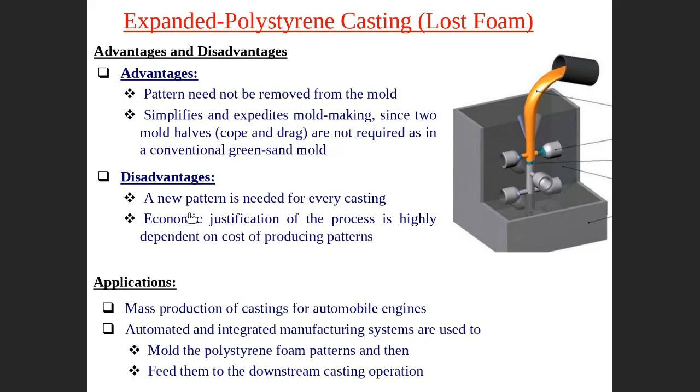As for the disadvantages, a new pattern is needed for every cast, and also economic justification is difficult for low production. This is usually for higher production. It's a very good improvement on sand casting. Applications are very wide and intensively used in industry, such as mass production of castings, automobile engines, and automated and integrated manufacturing systems used to mold the polystyrene pattern and then feed from the down sprue into the cast.